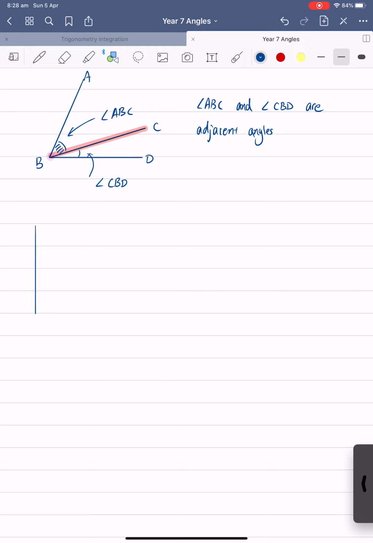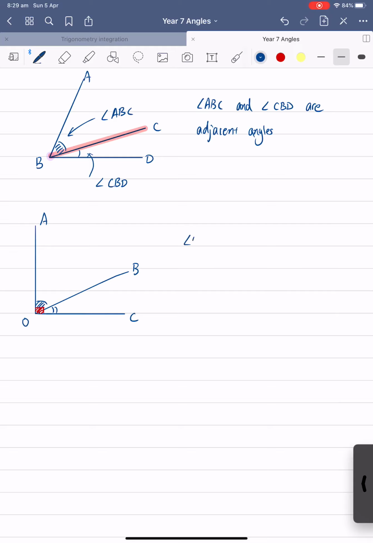So if we have a right angle here, and then two angles there, these two angles are next to each other, and they join together to form a right angle. So we call these two angles complementary angles.